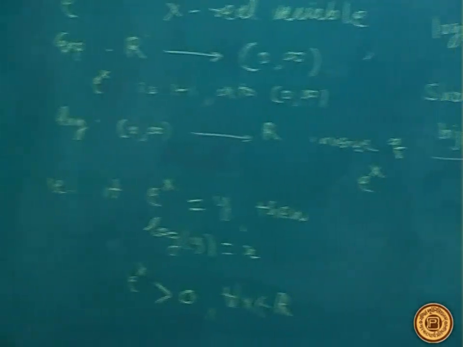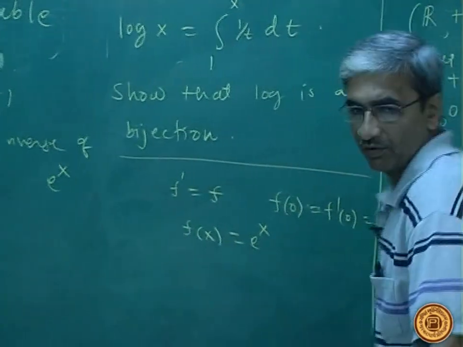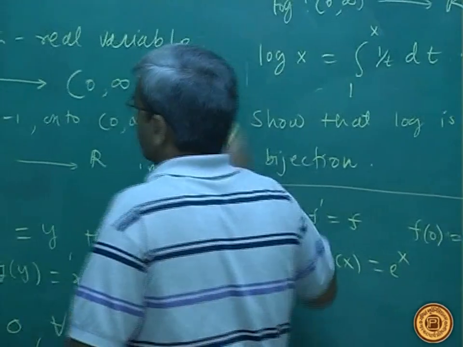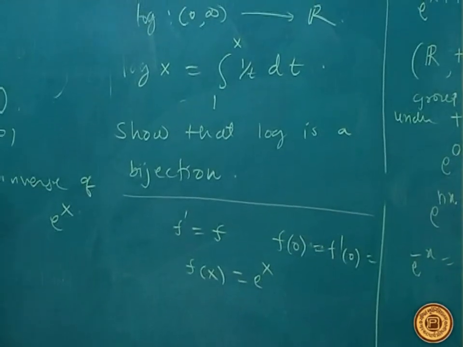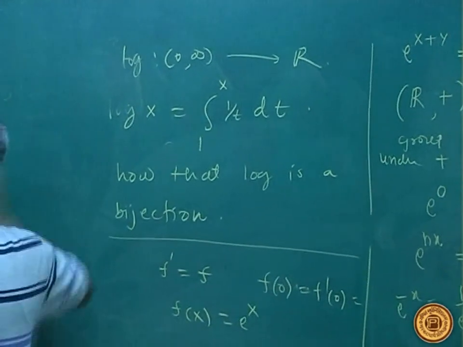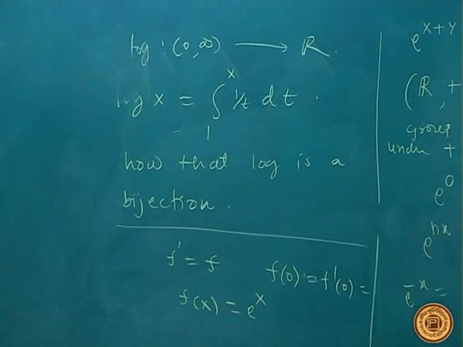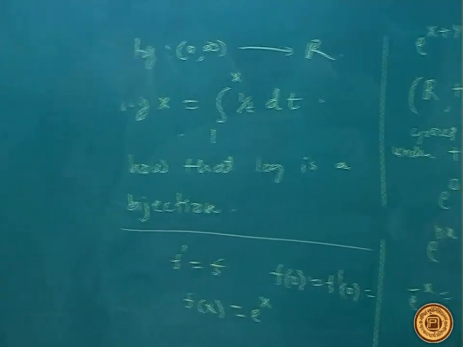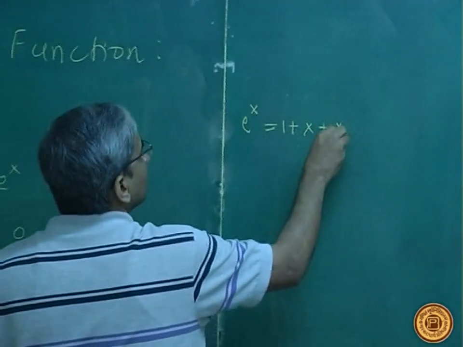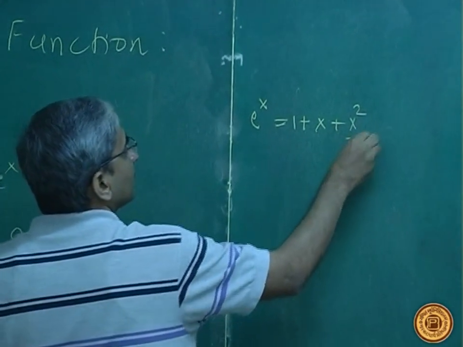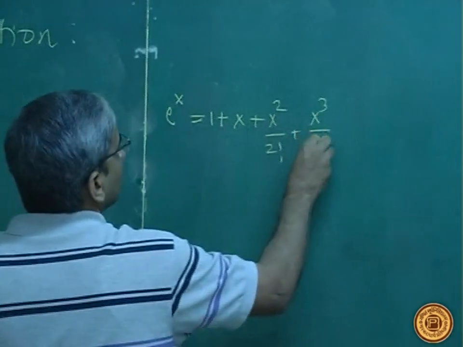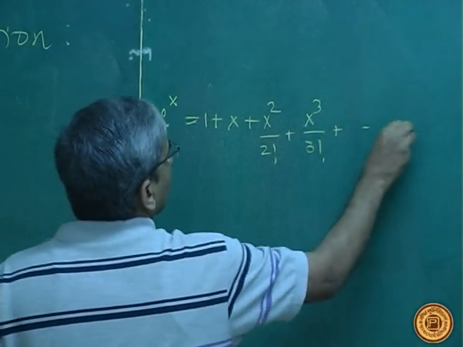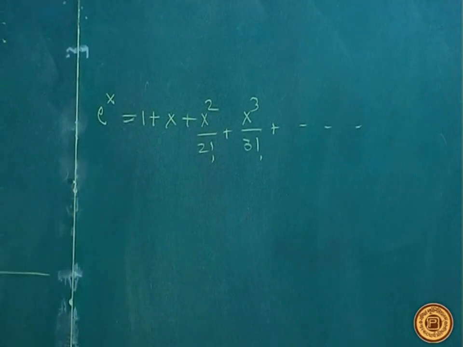The exponential function admits power series expansion. Okay. Next property on your screen is that this function admits power series expansion. So this function e to the power x is 1 plus x plus x square by 2 factorial and so on.